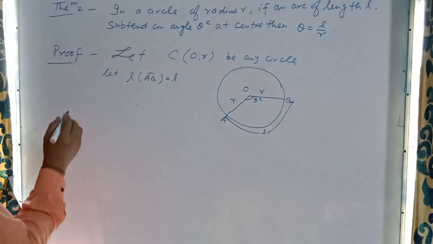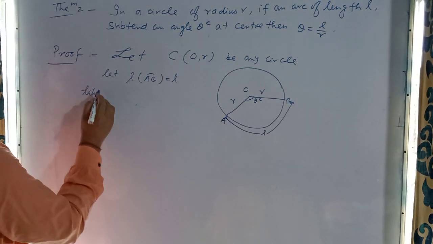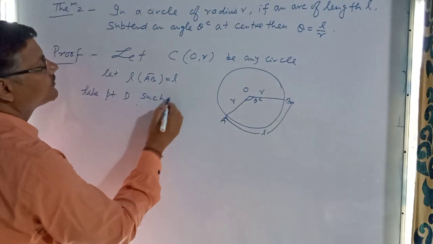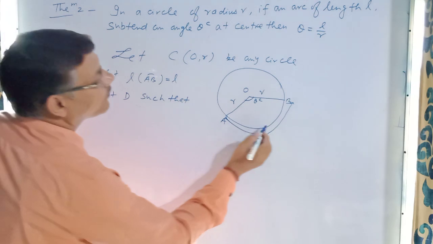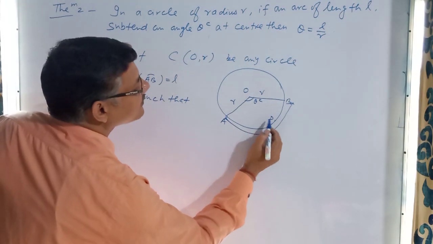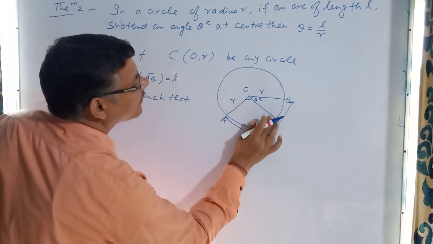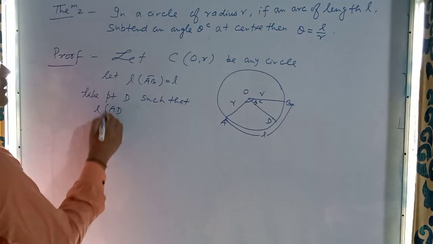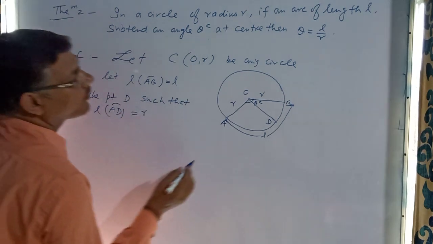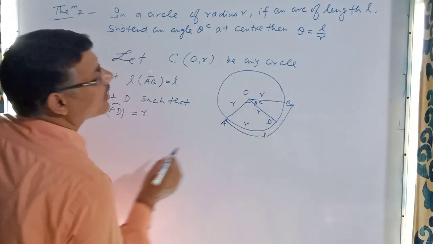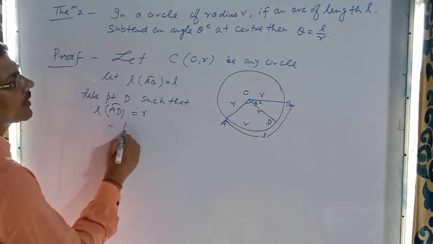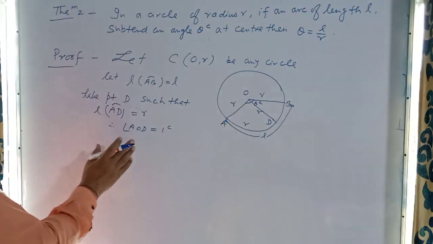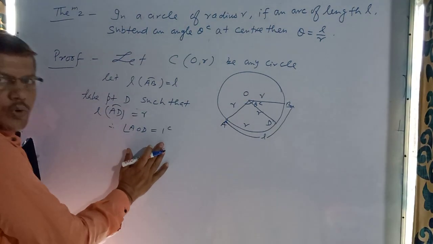Okay. Now take a point D such that length of arc AD is equal to r. So it is r, it is also r. So in that case, therefore, angle AOD is equal to 1 radian. This is the reason why we take r units.